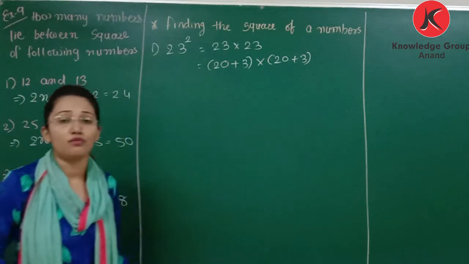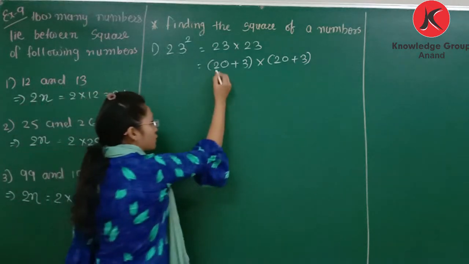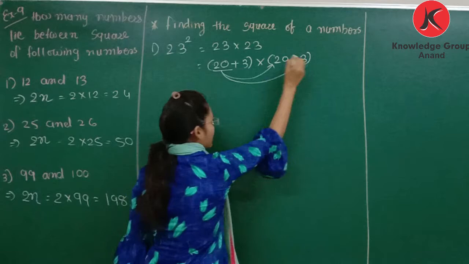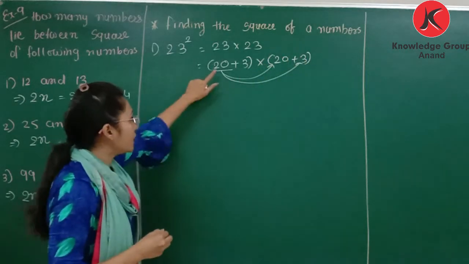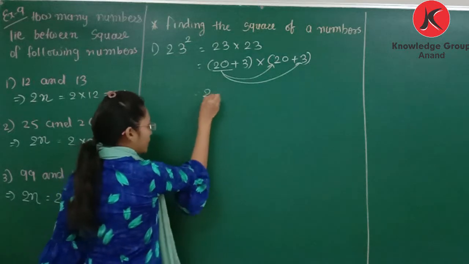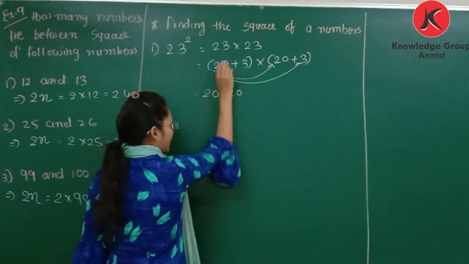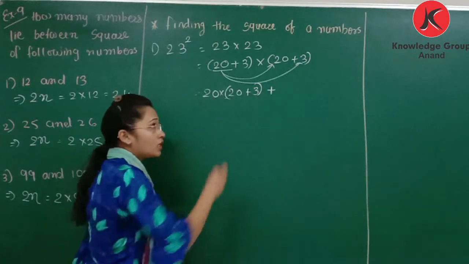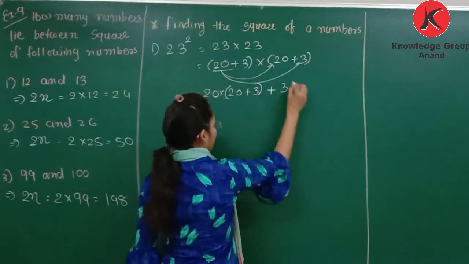In that, we multiply the first number with both numbers in the second bracket. So here 20 is multiplied with the whole bracket first. So let's start. 20 is multiplied with 20 plus 3. Now 3 is multiplied with the whole bracket.